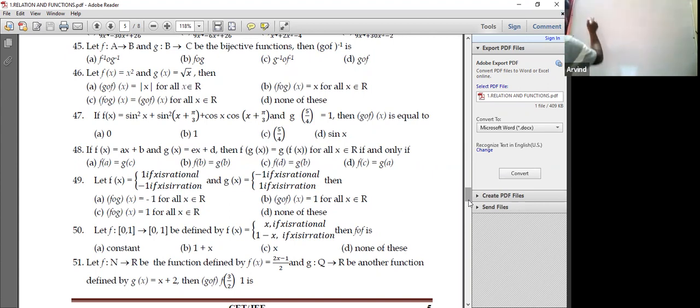So if f of x equals sine square x plus sine square of (x plus pi by 3) plus cos x into cos of (x plus pi by 3), and g of 5 by 4 is 1. Find g circle f of x. Okay. So I'll stop sharing.